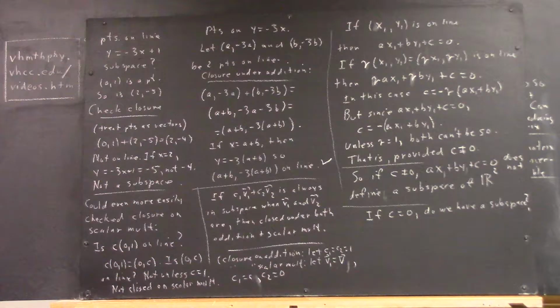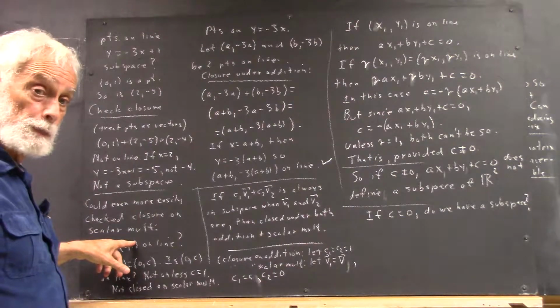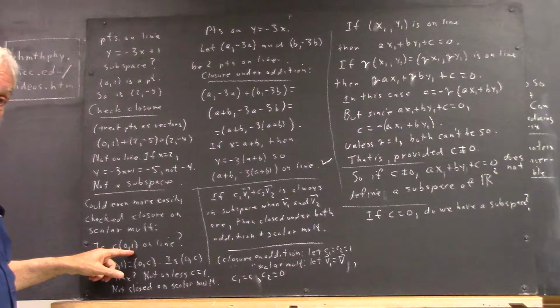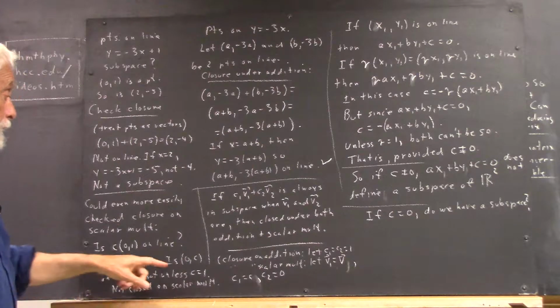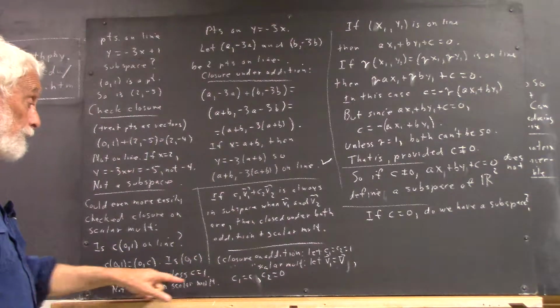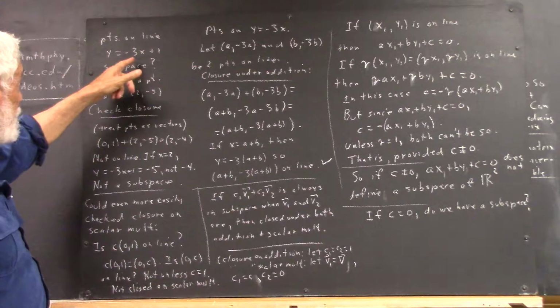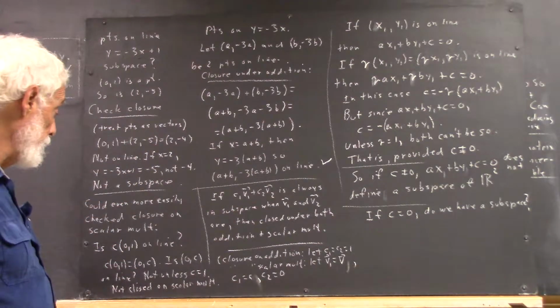Okay? And we could even more easily have checked closure on scalar multiplication. Is c times 0, 1 on the line? Okay, well, c times 0, 1 is 0, c. Is 0, c on the line? Well, not unless c equals 1, because the only x equals 0 point on this line is y equals 1. So it's the point 0, 1, the point we already have.